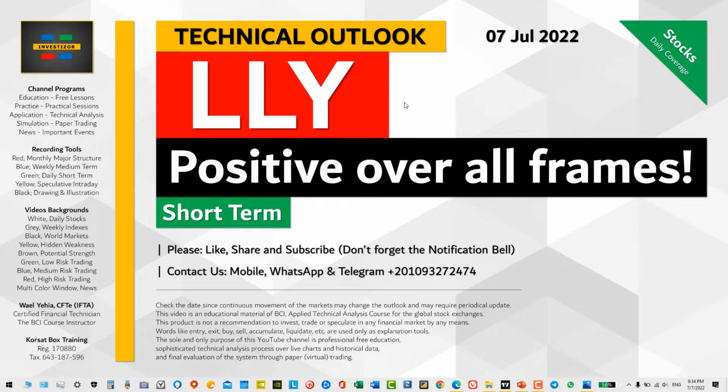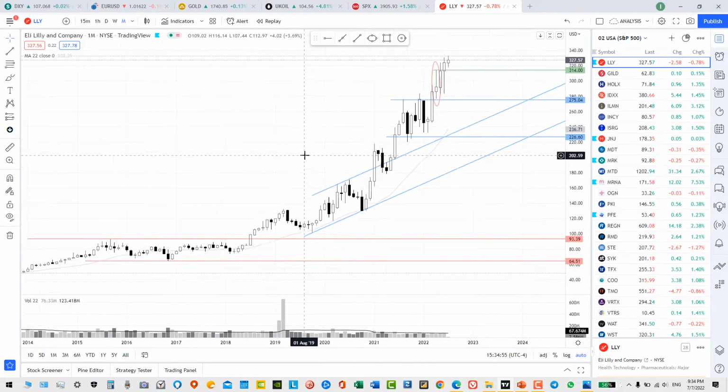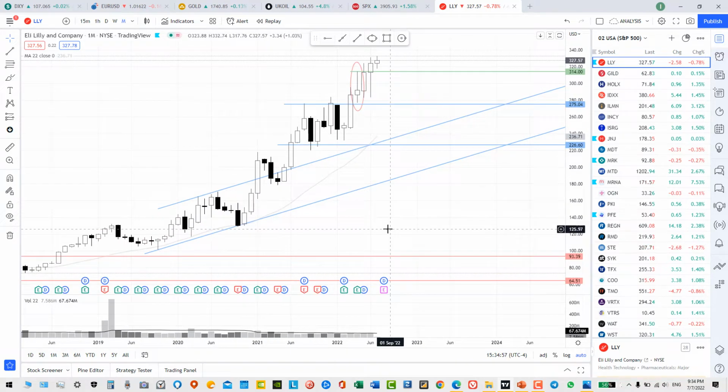In this video, we will apply and update the classical technical analysis view over the short term for Lilly stock. And as usual, first of all, we will check the major structure over the monthly chart. And as we can see, it's very healthy, rising in an acceleration mode.